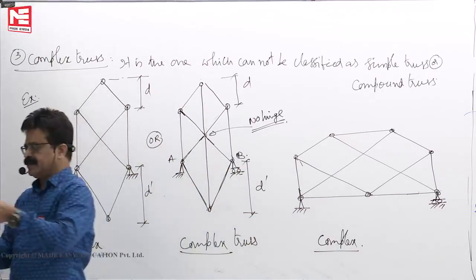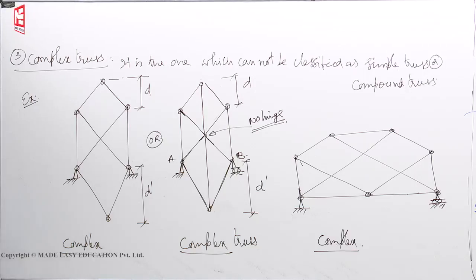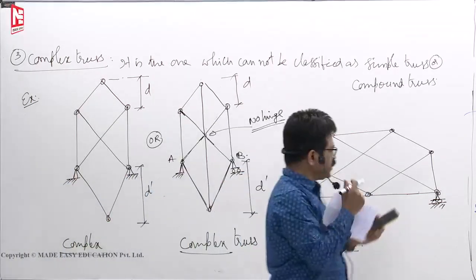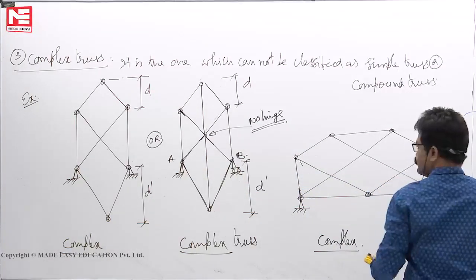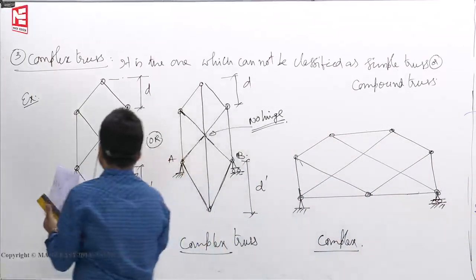Okay. So this is our one complex truss we have taken. Two examples now fresh I am giving. This is called a hexagonal truss.